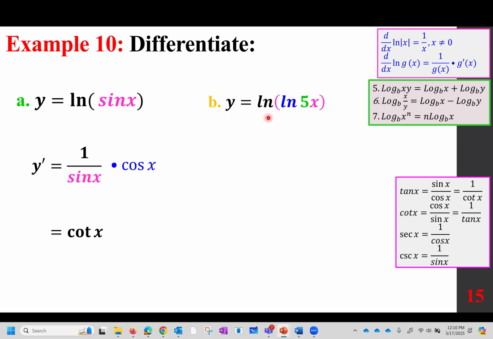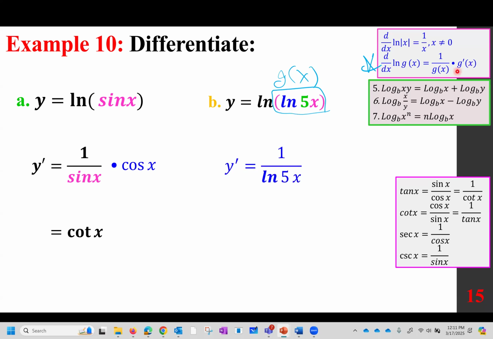ln of ln of 5x. Recognize this as some function, for example, g of x. So we are going to use this: 1 over g of x, 1 over ln of 5x.